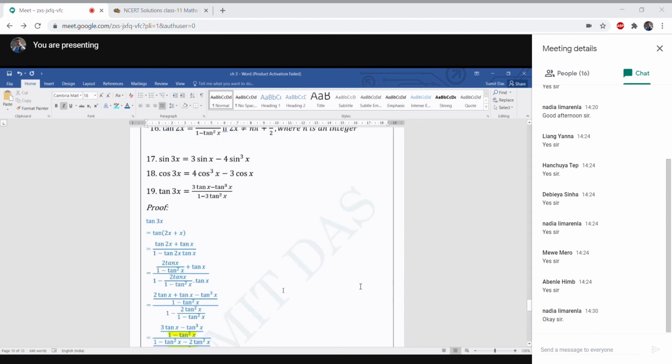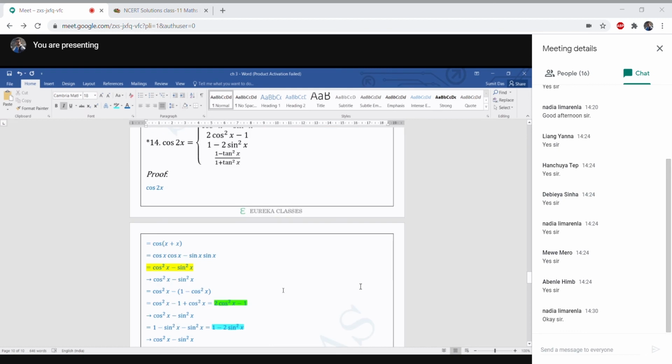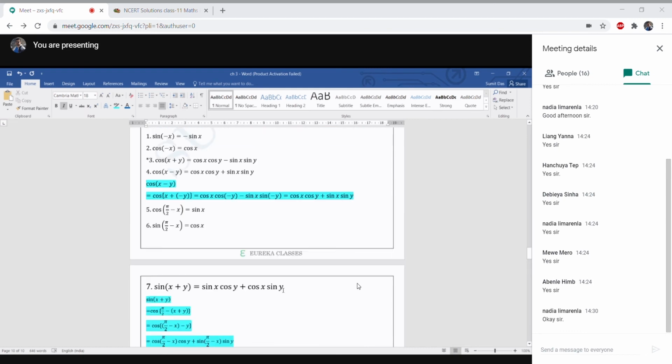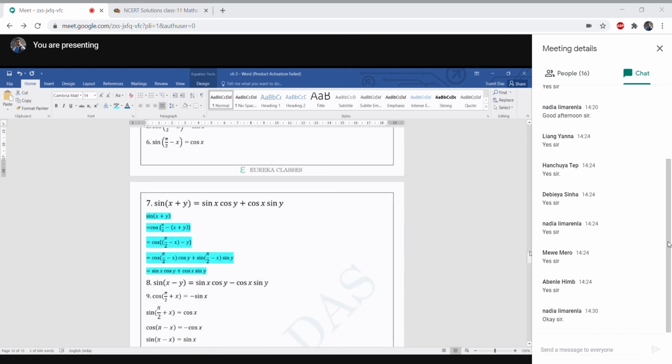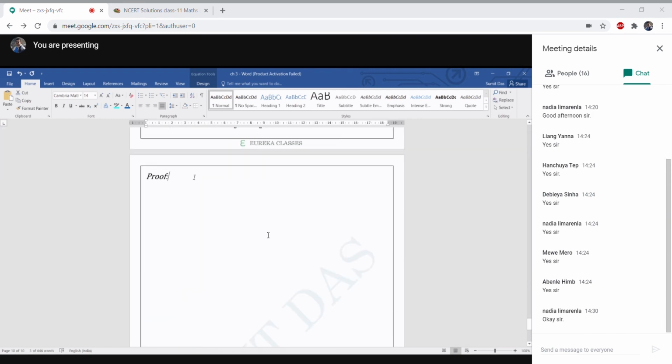If you remember the first two formulas, I hope you remember, that is cos of x plus y equal to cos x cos y minus sin x sin y, and cos of x minus y equal to cos x cos y plus sin x sin y, right?